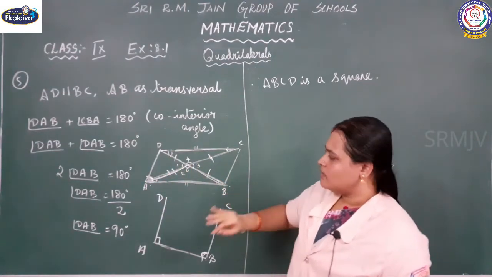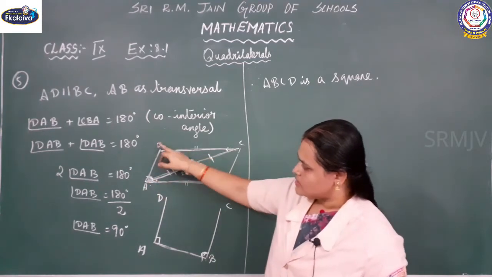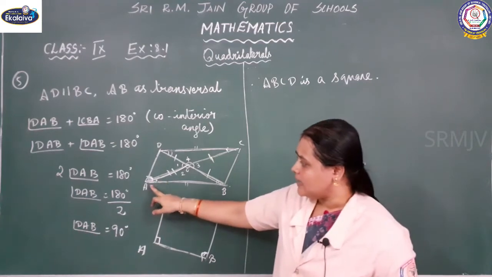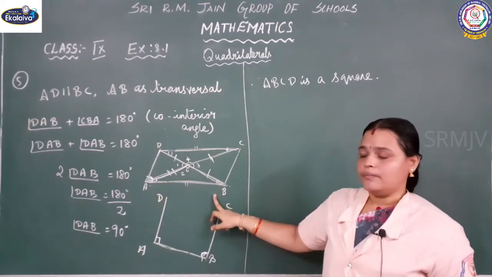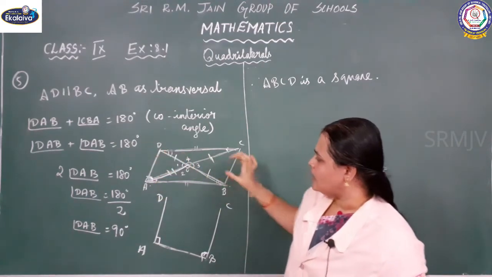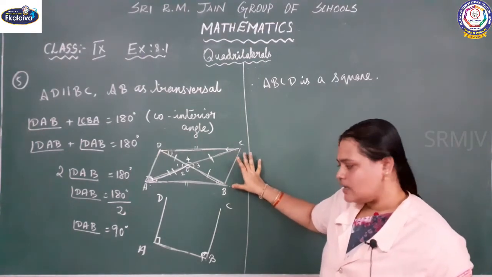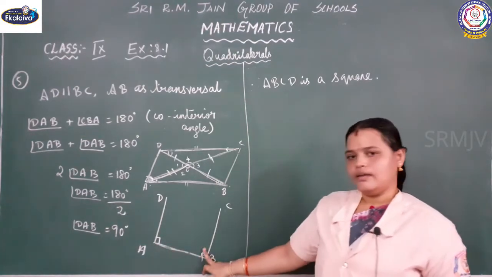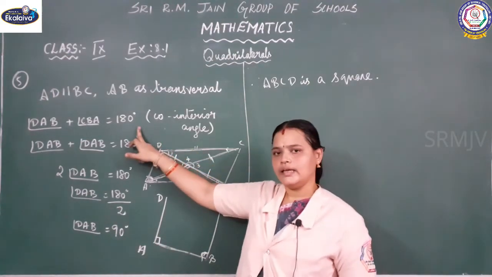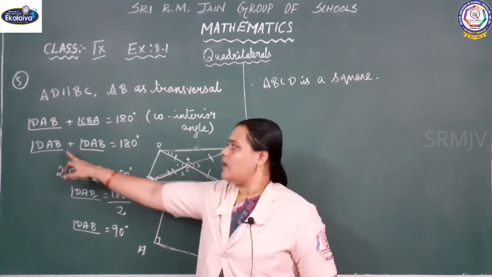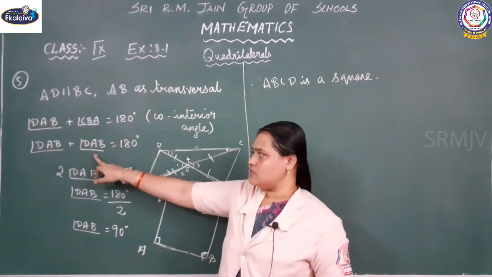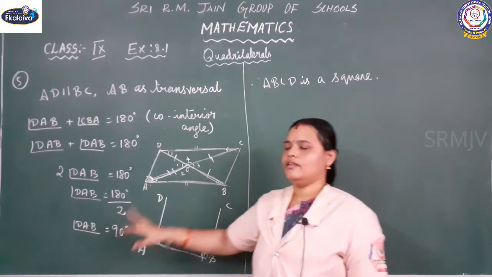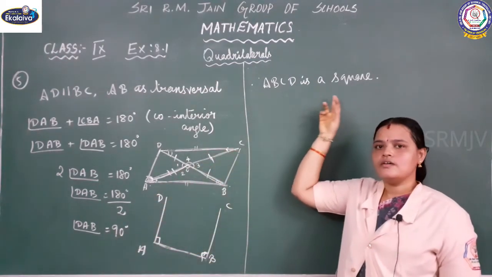At last, take two triangles, that is DAB and BAC, and prove that angle A is equal to angle B. Then we can take AD and BC as the parallel lines and consider the AB line as the transversal. So the sum of two co-interior angles will give us 180 degrees. We have proved already these two angles are equal. You can change in terms of one and at last prove any one of the angles as 90 degrees. Therefore, you will get that ABCD is a square.